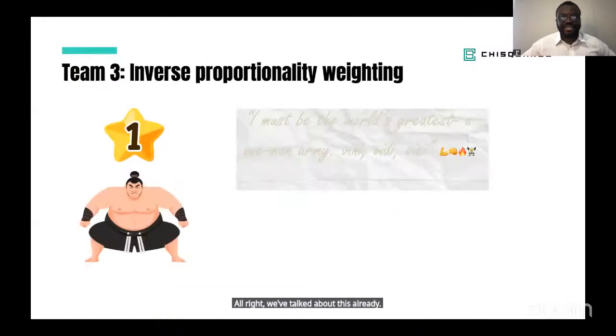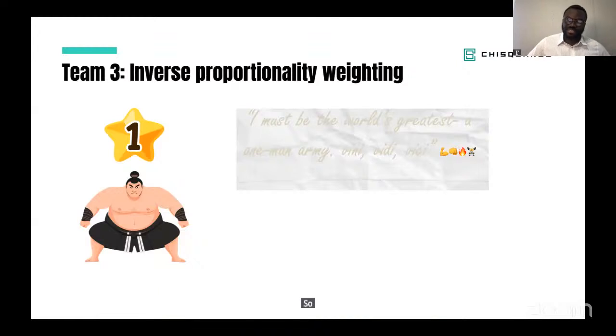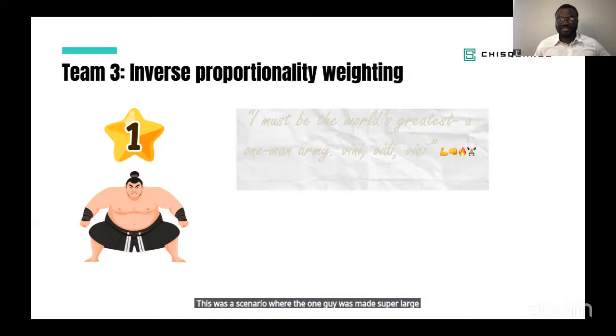And then team number 3 was the inverse proportionality weighting. So is this valid? Is it precise? This was a scenario where the one guy was made super large to compensate for being alone.